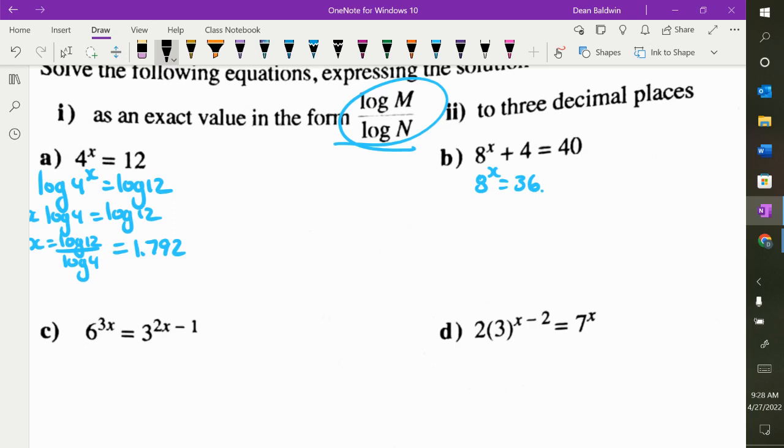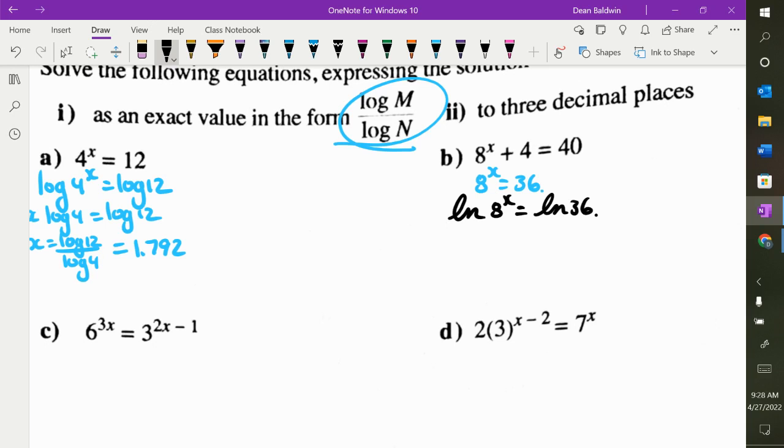Base 10 or natural log? Let's go natural logs. I like that, natural log. So we natural log both sides. You can write base 10, it gives you the same answer, I should say. Natural logs are more elegant, I find. They flow. It's more organic. So I get natural log of 8 to the power of x equals natural log of 36.